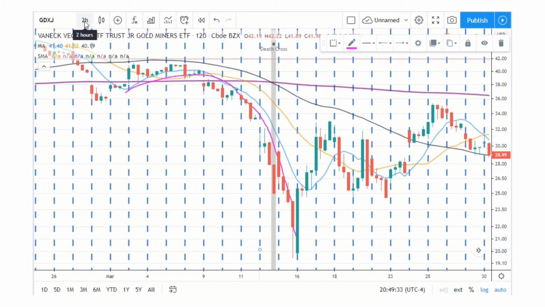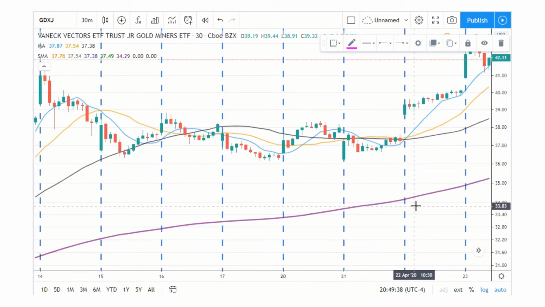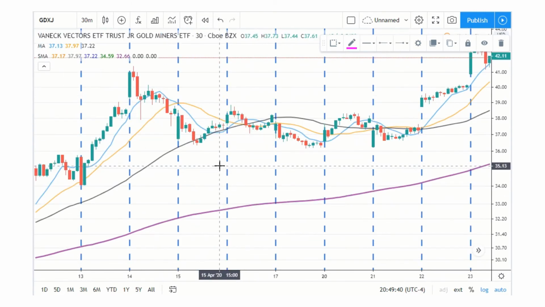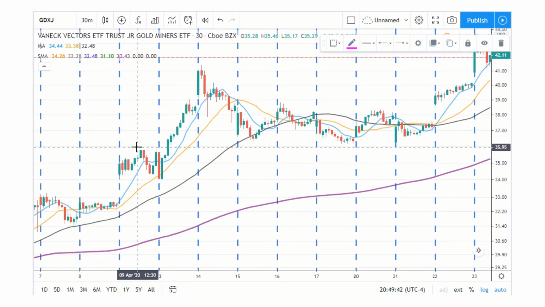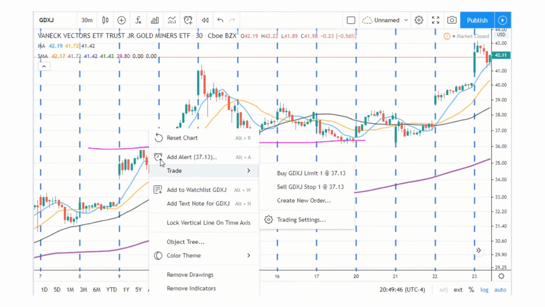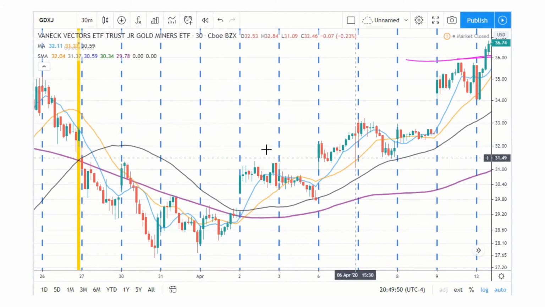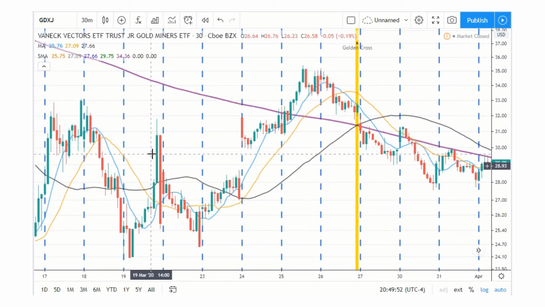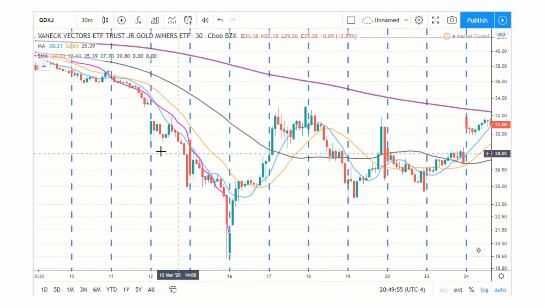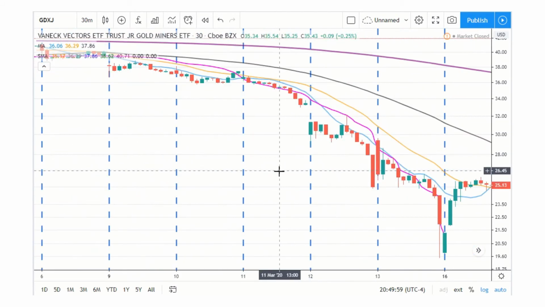Now let's look at March the 10th, but at the 30-minute time frame. All right, let's get rid of this so we can move this chart. All right, March the 10th. All right, let's get a little bit more detail here.